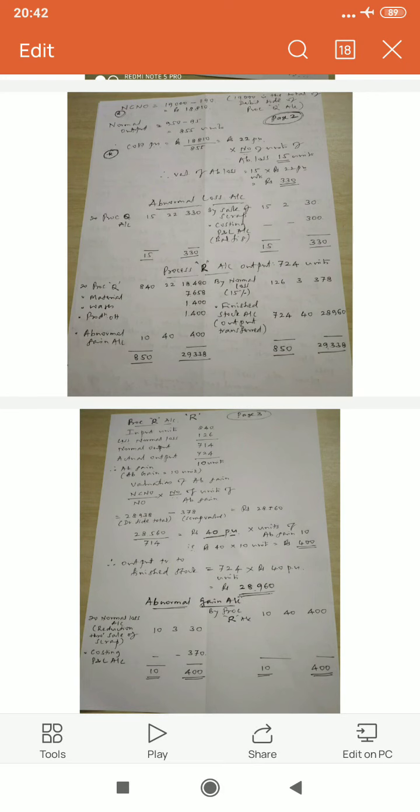In the solution it is given as balancing figure rupees 300 transfer to costing profit and loss account. Hope you have understood it. Now, you have to open, there are 3 processes.